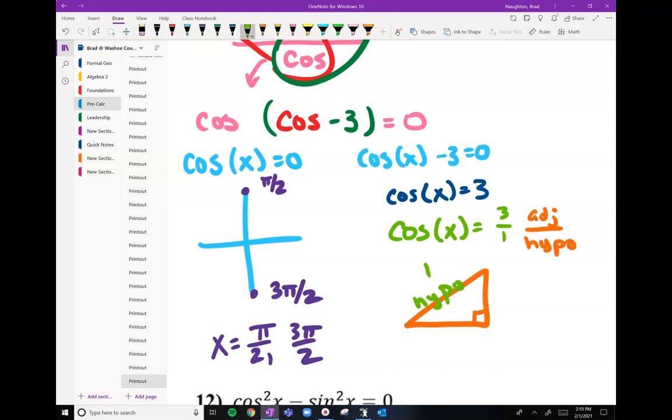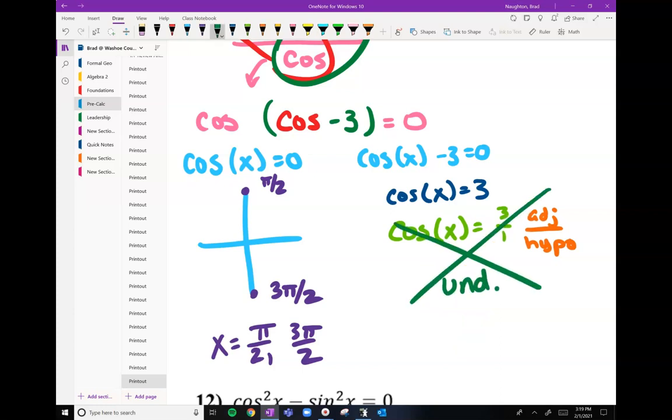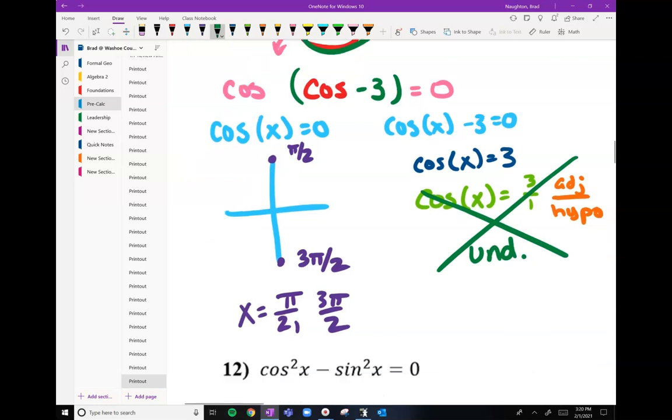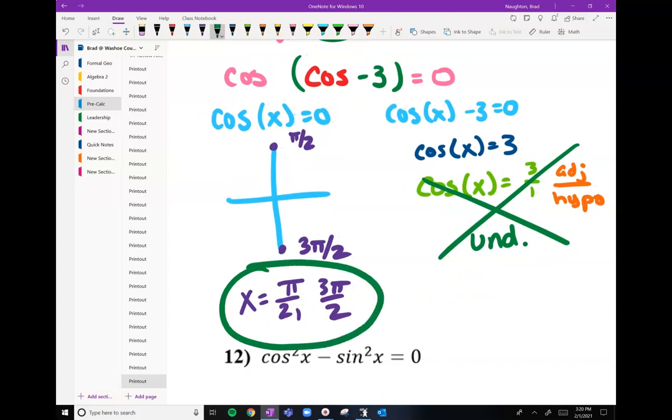So if our hypotenuse is 1 and our adjacent, which is right here, is 3, that doesn't satisfy a triangle. So in this case, we're going to call this undefined or no solution because it doesn't exist there. So that train of logic is out the window, can't use it anymore. So we're just going to go back to the answers we have, and those are the only ones that are going to work for us.